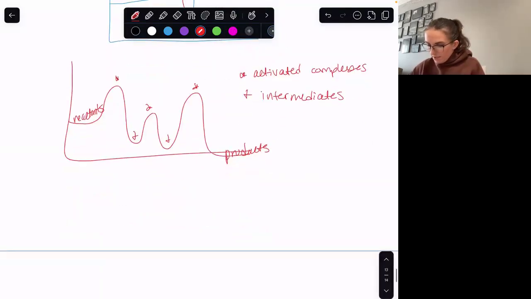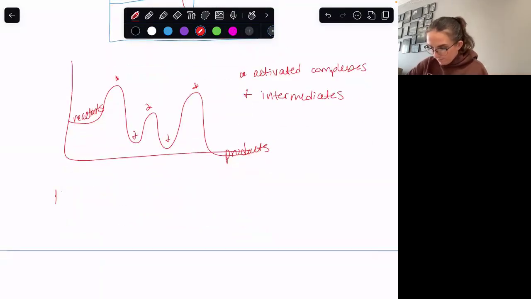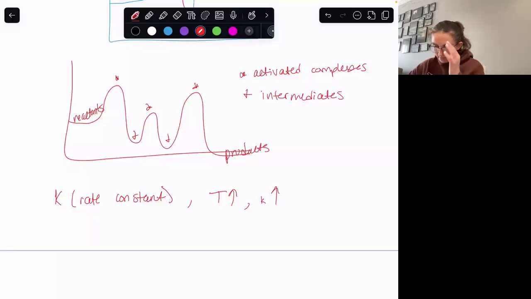Yep, so for little k as your rate constant, as temp increases, little k increases. So they have a direct relationship.